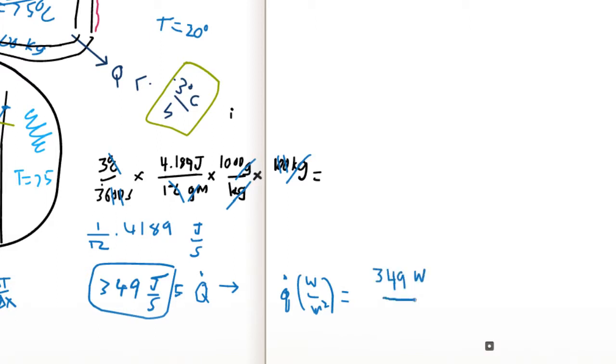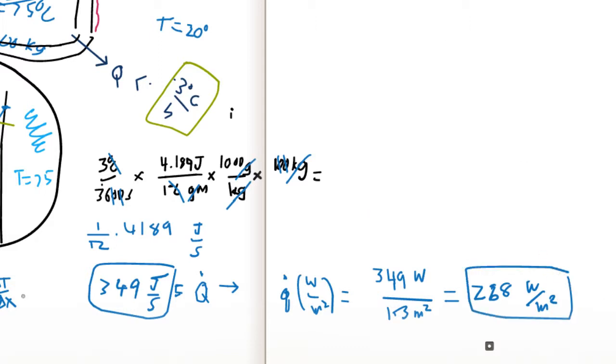We'll take the 349 watts divided by the area of the thing, which is 1.3 square meters. So that's 200 something. Calculator. 268 watts per square meter. Okay, so this is our maximum heat transfer out of this thing.